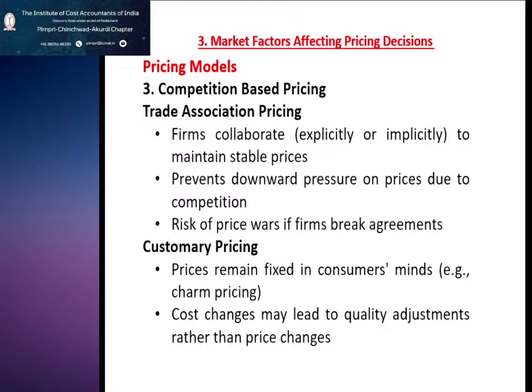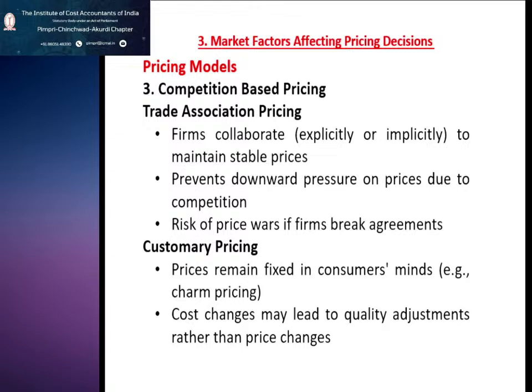Another type of competition based pricing is trade association pricing. Over here, typically the firms collaborate explicitly or implicitly to maintain stable prices. Normally this kind of pricing is decided for all the members of the trade association. Another characteristic is that it prevents downward pressure on prices due to competition, and there is the risk of price wars if firms break agreements.